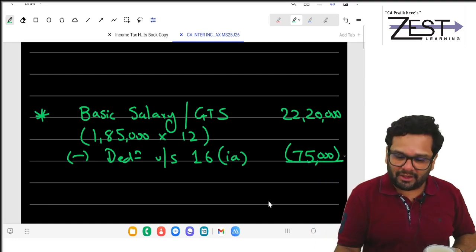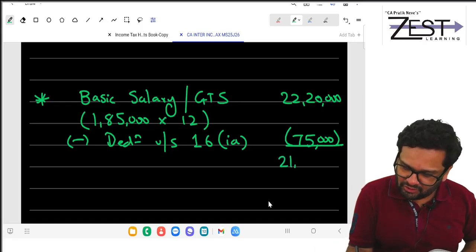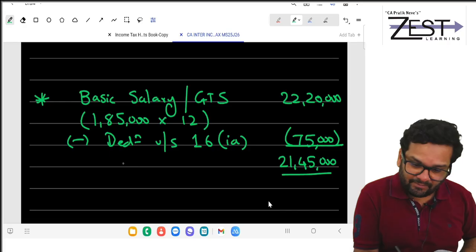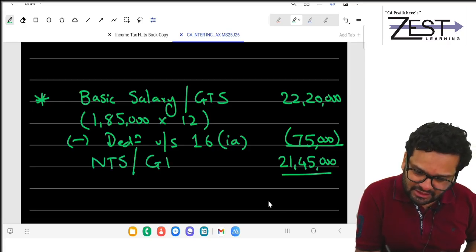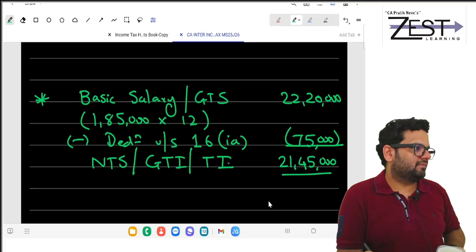What is 2220 minus 75? Because you are in 115 BAC, so you are taking standard deduction of 75,000. This is your NTS slash GTI slash total income. So simple it is.